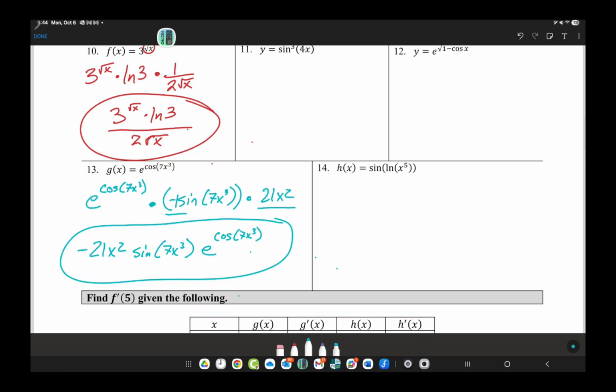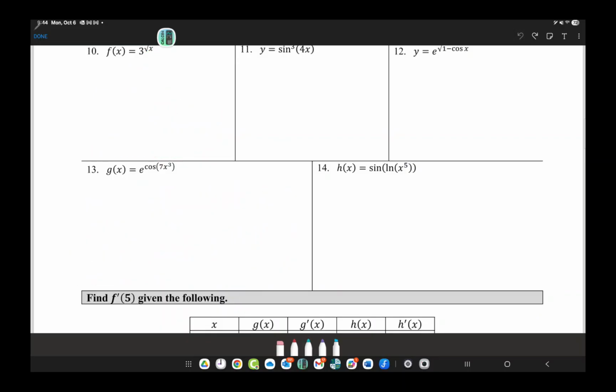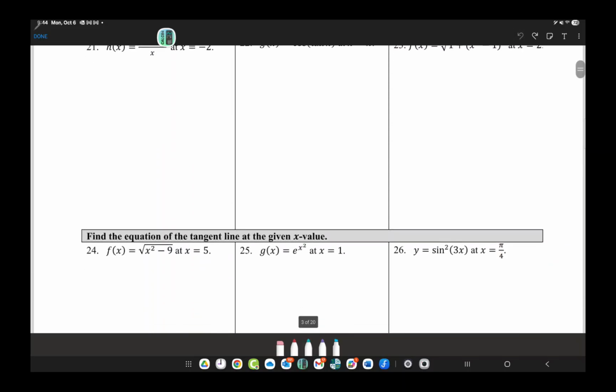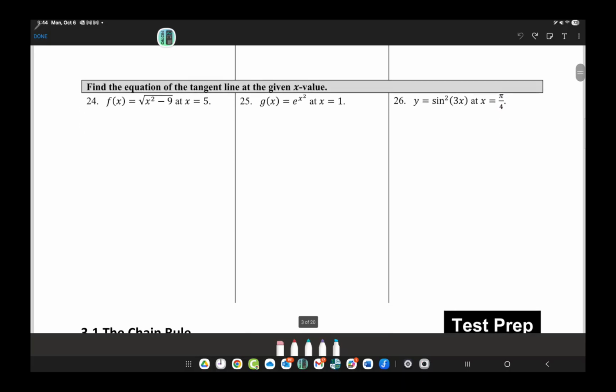All right, so it's 10, 13, 25. Find the equation of the tangent line. All right, so first we plug in 1. What do we get when we plug in 1? Yeah, just e. By the way, what is e to the 1?